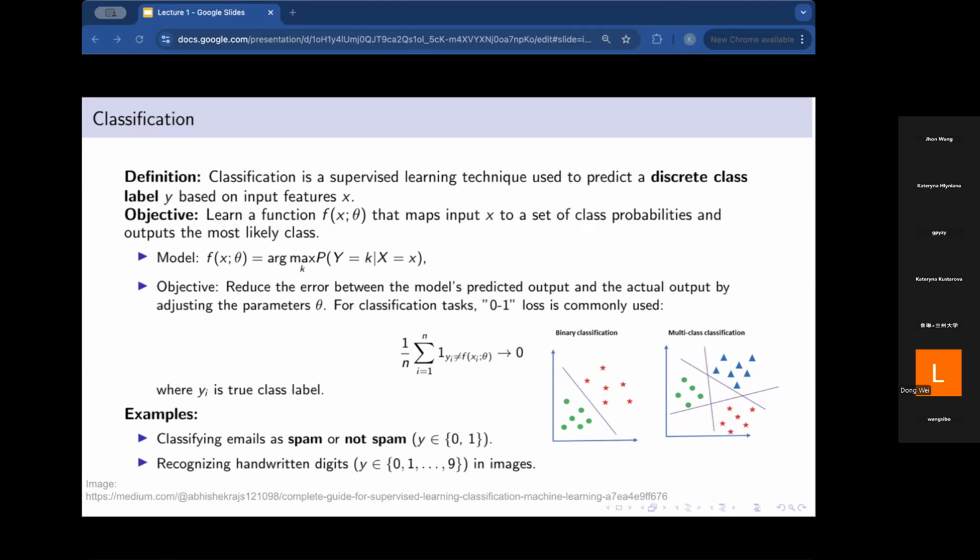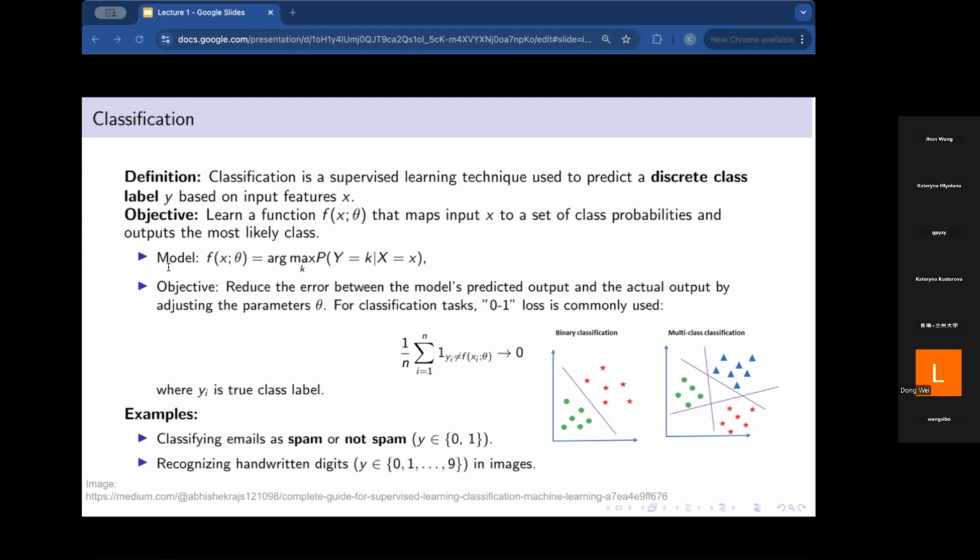This image here illustrates two types of classification problems. On the left, we see a binary classification scenario where data points are divided into two classes, represented by green circles and red stars, separated by a decision boundary.